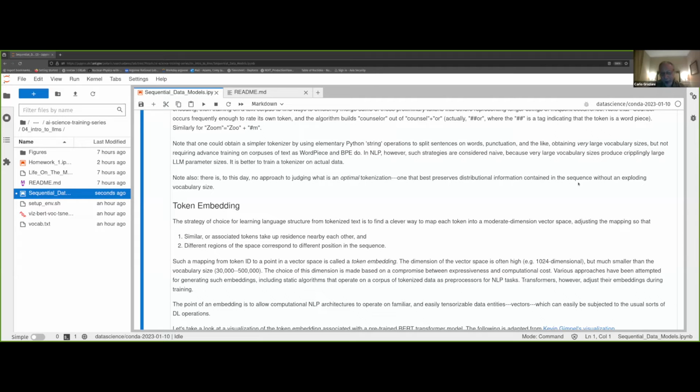In NLP, nobody does this. The effort of training your tokenizer in advance is well worth the trouble, because that reduction, in the case of word piece, down to 30,000 really makes the job of the large language model a lot easier. Okay, that's tokenizing. Let's move on to token embedding.